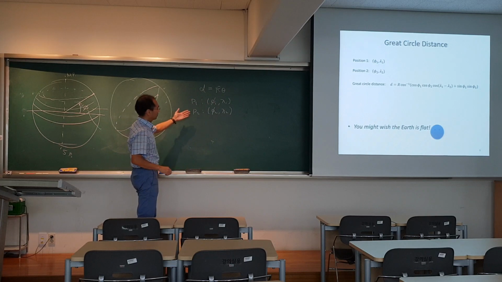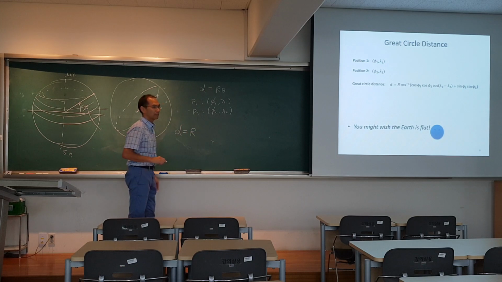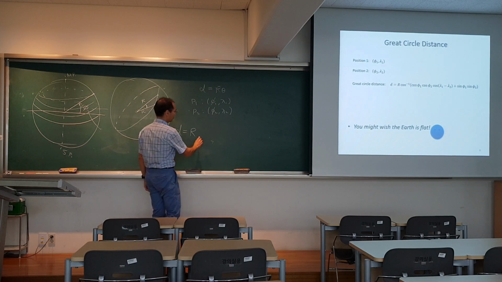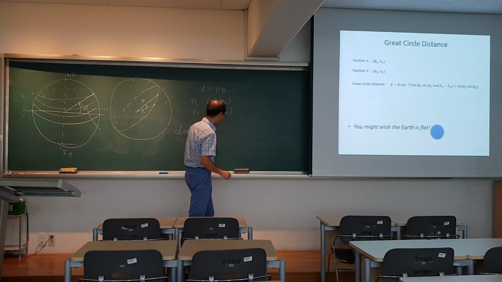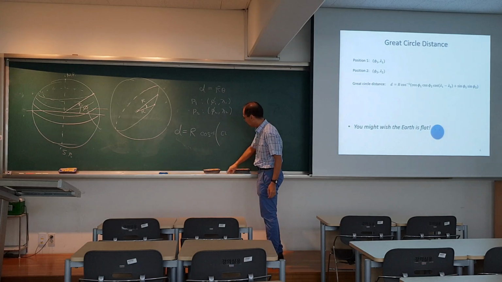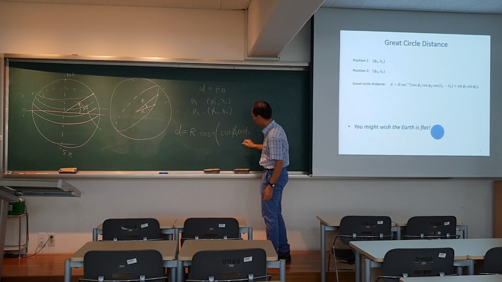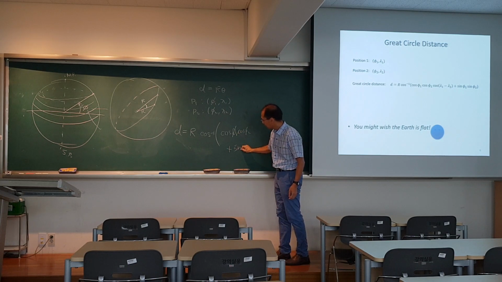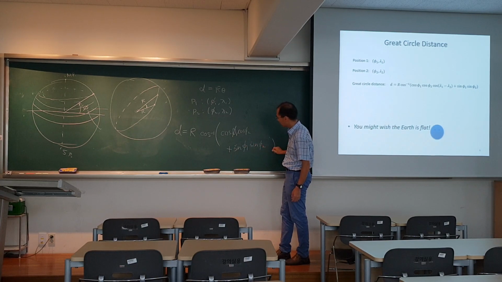Then the formula to calculate the distance is r, the radius of the Earth, times arccosine of cosine phi 1, cosine phi 2, plus sine phi 1, sine phi 2.